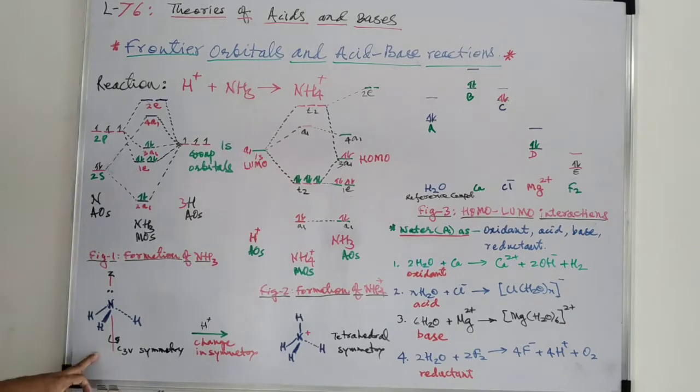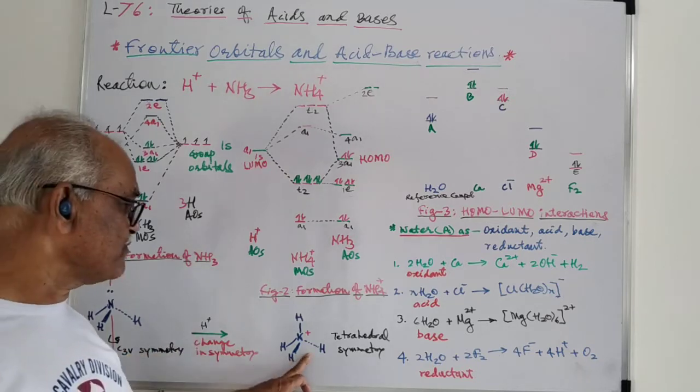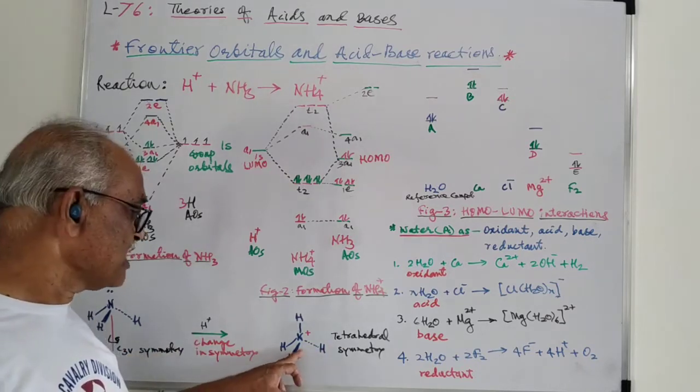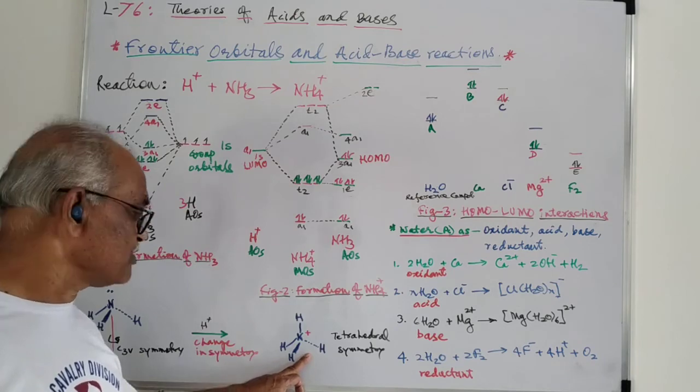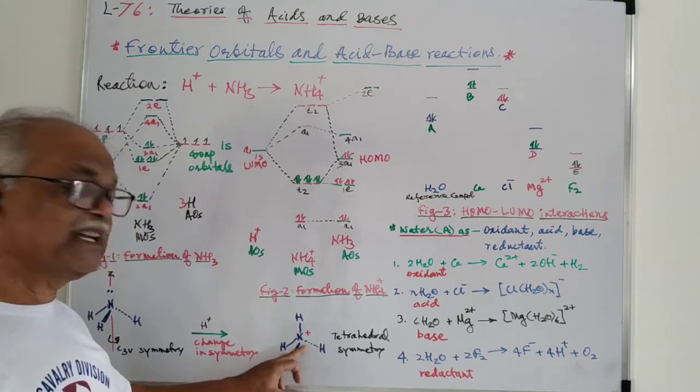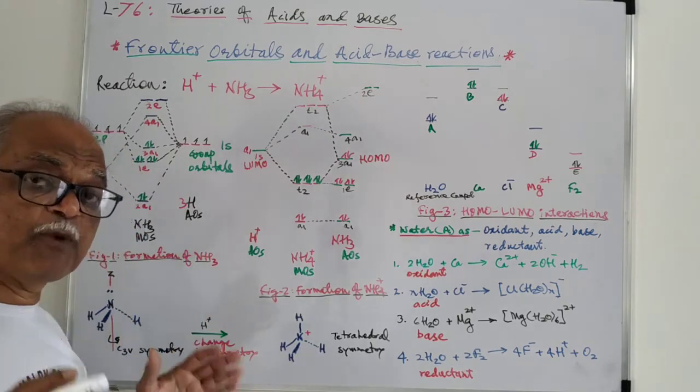So you will observe here that this is the NH3 molecule having an electron pair, that is, a lone pair. This is the Z axis and it has C3V symmetry. But after reaction with H plus, there is a change in symmetry with the formation of a tetrahedral structure. This is like the CH4 structure, the tetrahedral shape of this molecule.